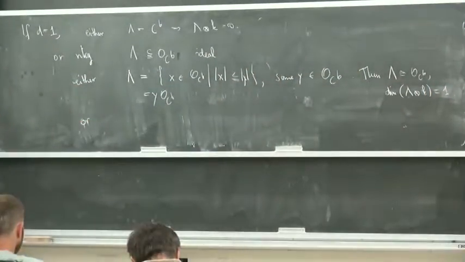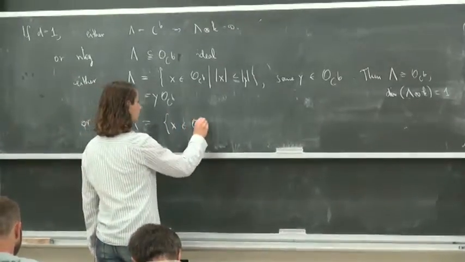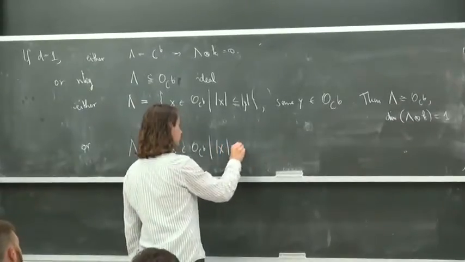Or lambda is the set of elements such that the absolute value is strictly less than some real number r.